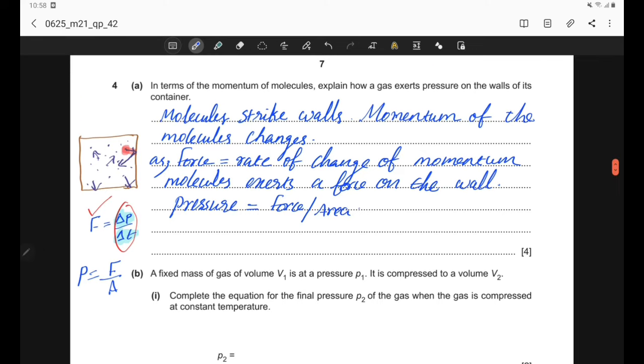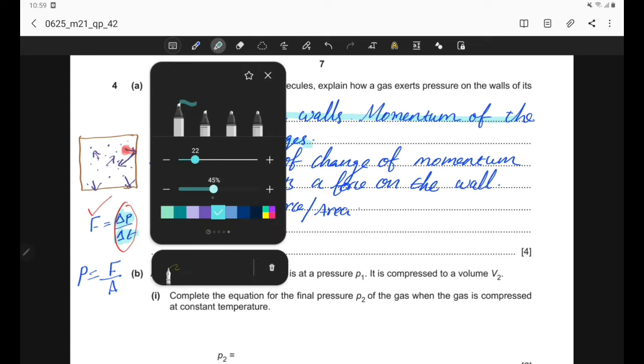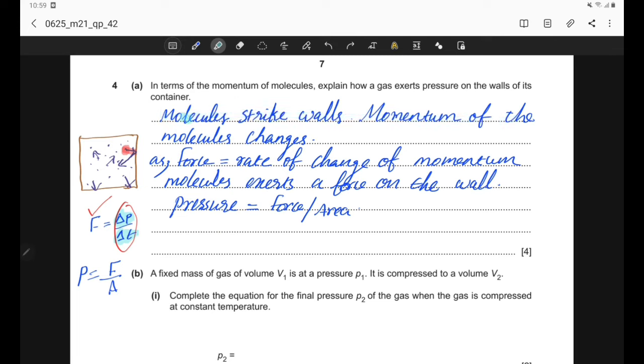So these are the important points you should write, and all these words are very important keywords, that molecules strike the walls and momentum of the molecules changes is important. So these highlighted points are the keywords in order to score 4 marks.